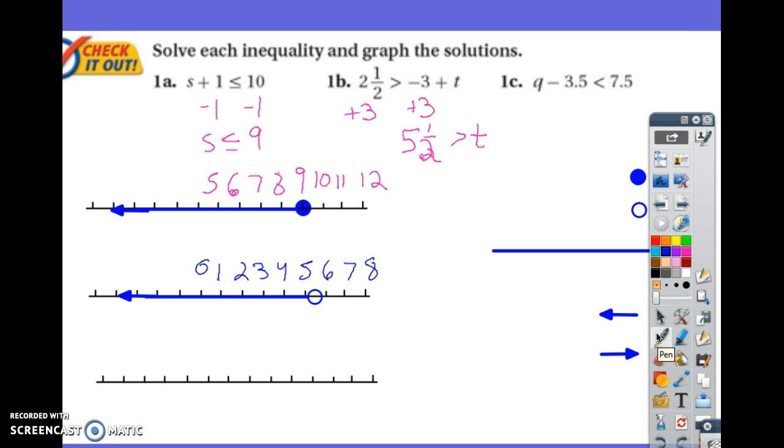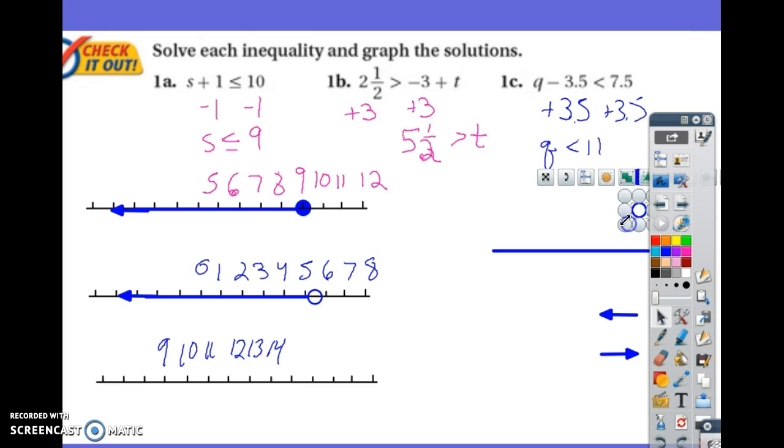Again, q minus 3.5 is less than 7.5. Add 3.5. Q is going to be less than 11. Again, let's go. 9, 10, 11, 12, 13, 14. We've got Q is less than 11, which means it's an open circle.